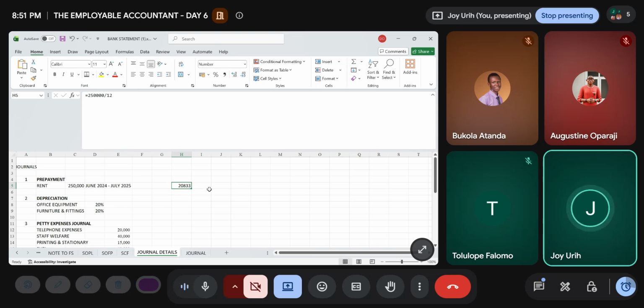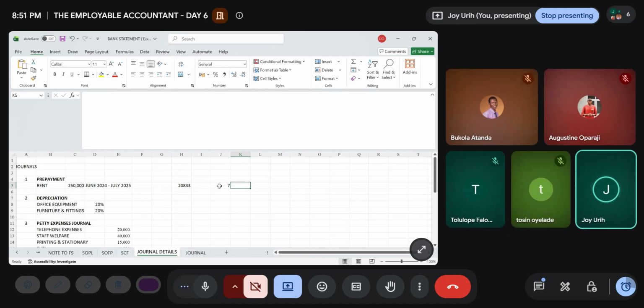So we want to know how many months is applicable to 2024. So we have from June to December: June, July, August, September, October, November, December, which is 7 months. So 7 months is applicable to the year 2024, while 5 months is applicable to the year 2025. So let me put year 2024 and year 2025.